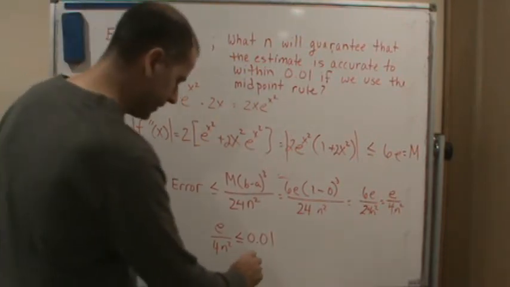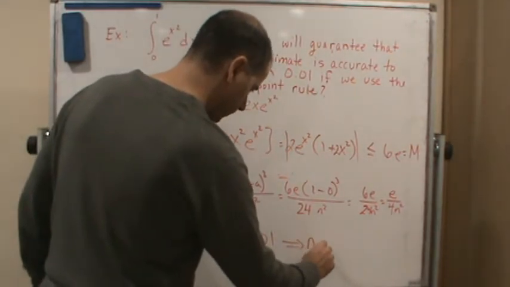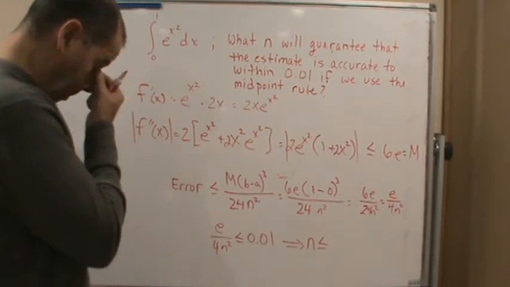Okay, so basically this means that n needs to be less than or equal to, right?